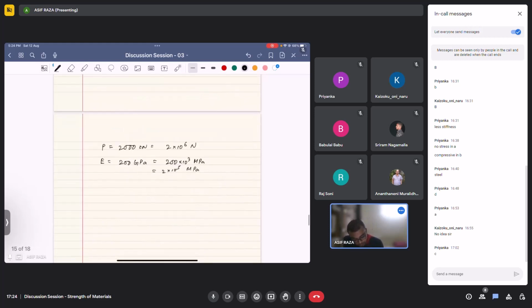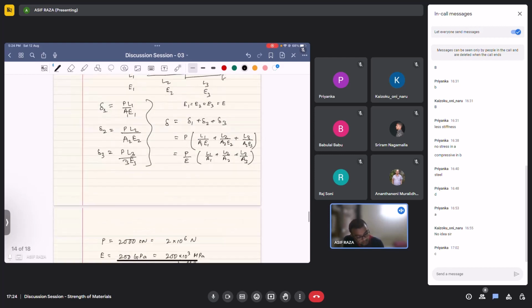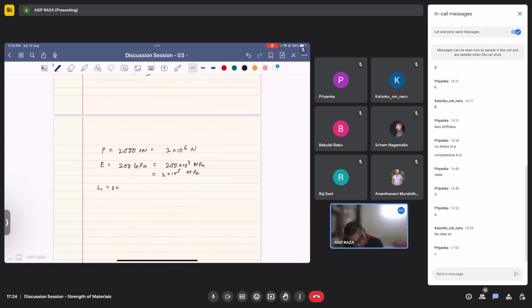Now L1 is 100 mm, L2 is 160 mm, L3 is 75 mm. Then A1 is 10 mm square, A2 is 20 mm square, A3 is 15 mm square.